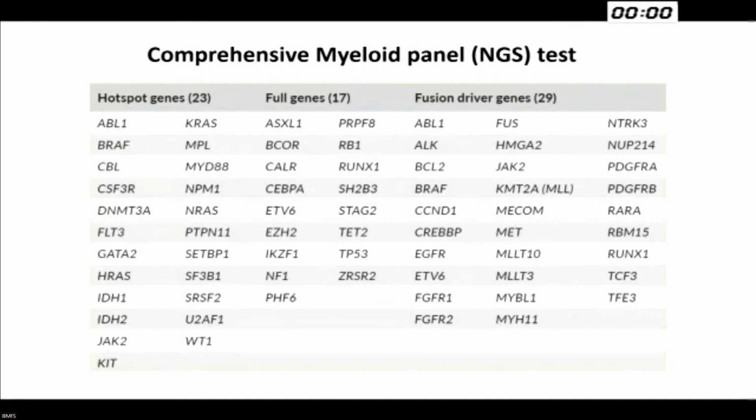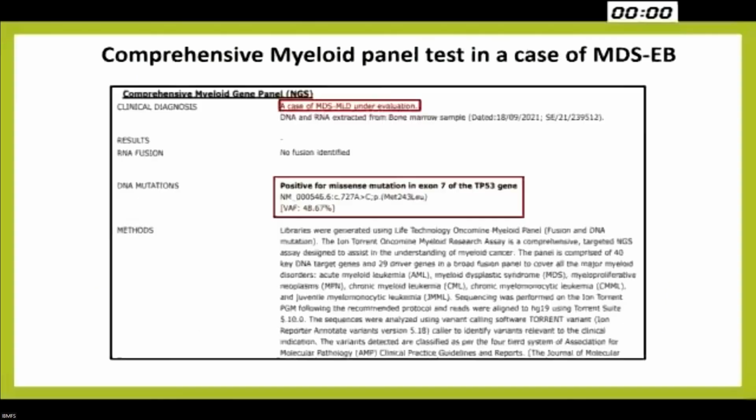This includes AMLs, myeloproliferative neoplasms, as well as myelodysplastic syndrome. So one assay for all 3 myeloid malignancies. This improves the turnaround time because we include a large number of cases. In our center, we do at least 12 samples in one run so that it becomes cost effective.